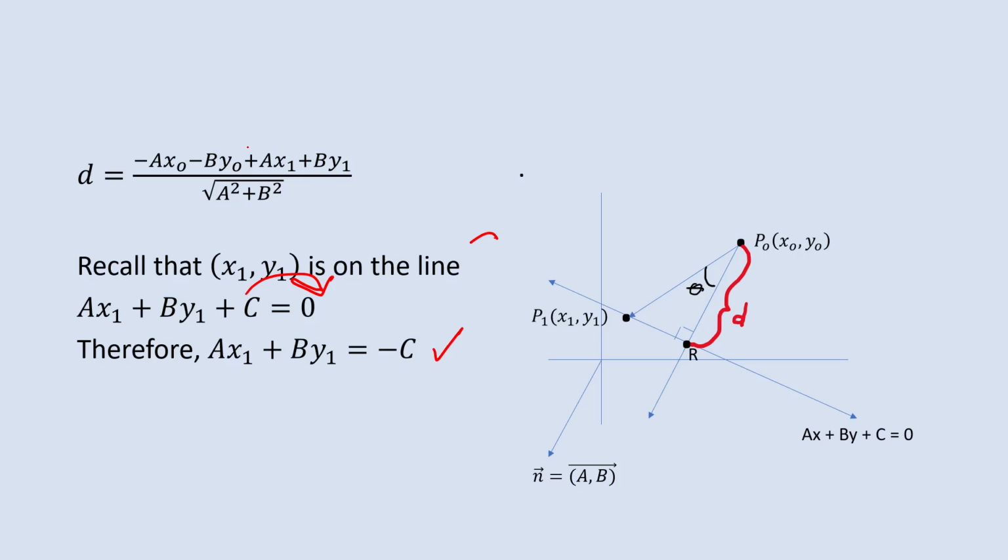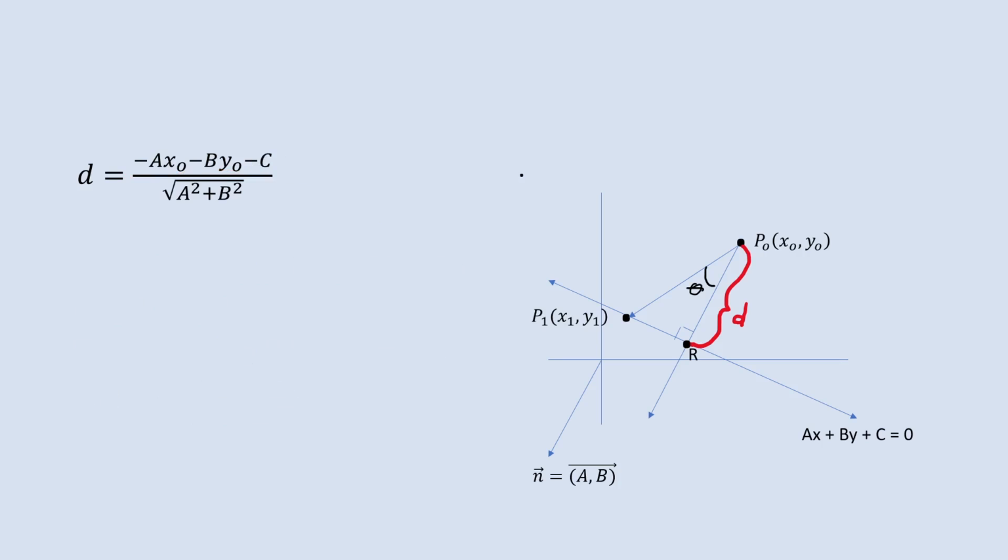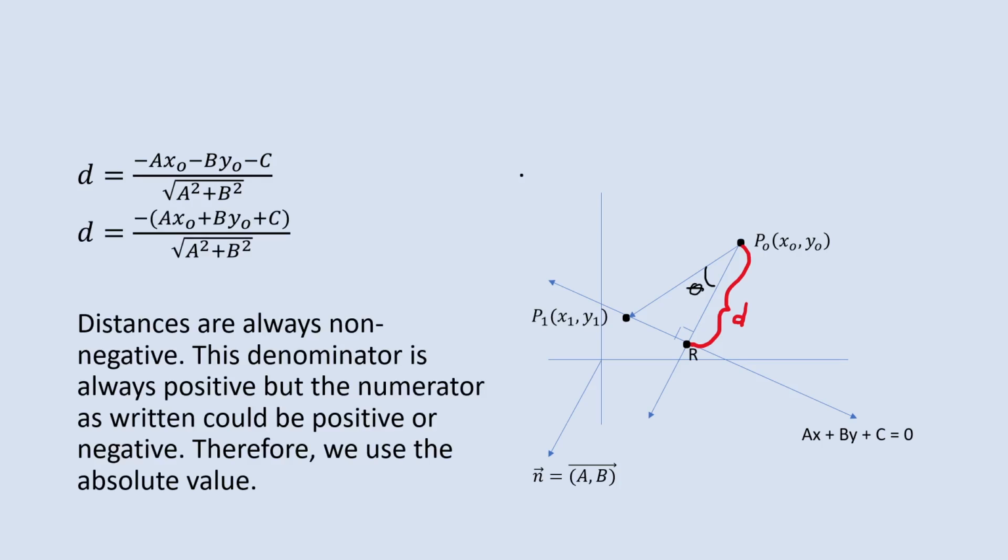So we can rewrite this numerator as negative a x naught minus b y naught minus c, all over the square root of a squared plus b squared. Okay? So that's the distance. Now, we can restate that by factoring a negative 1 from the numerator, and we have negative 1 times (a x naught plus b y naught plus c), all over the square root of a squared plus b squared.